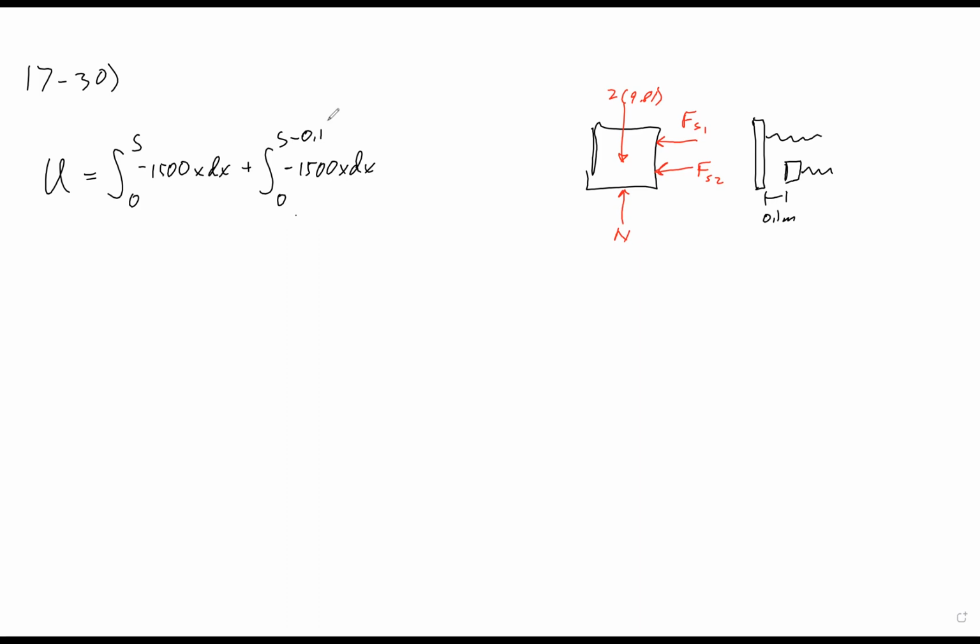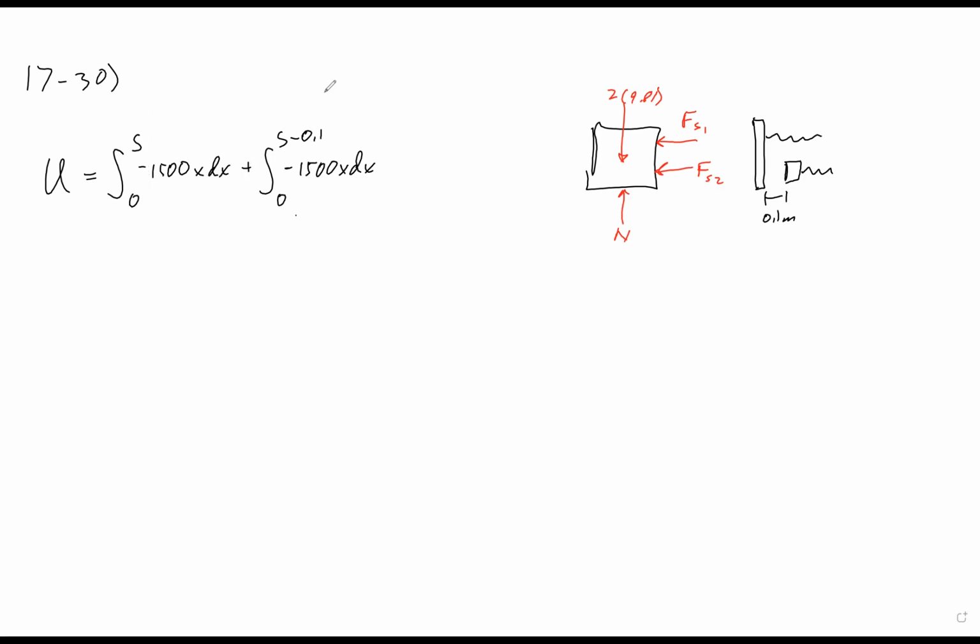Since work is just the force times the distance in the direction of motion, the first spring is going to go across the entire range of motion, and the second spring is going to go across a shorter range.